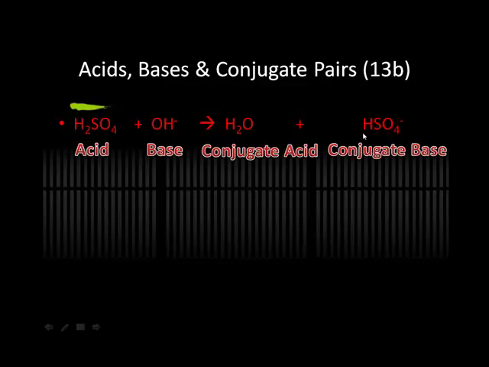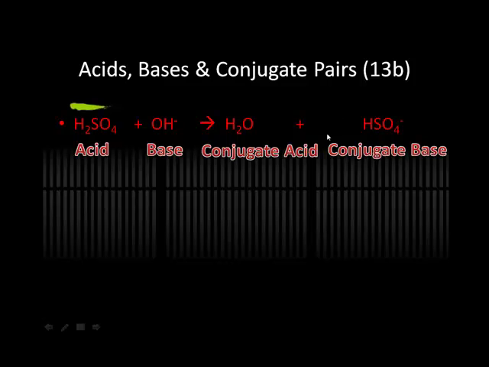Okay? If we look at this other ion, HSO4 with a -1 charge, it has the ability to take an H plus 1 ion to go back and form H2SO4. Since it has the ability to receive an H plus ion, that makes it a base. Now it's a really, really weak base, but it still has that ability.